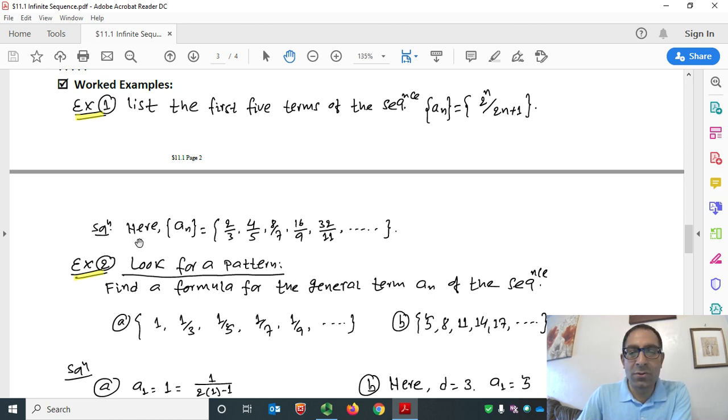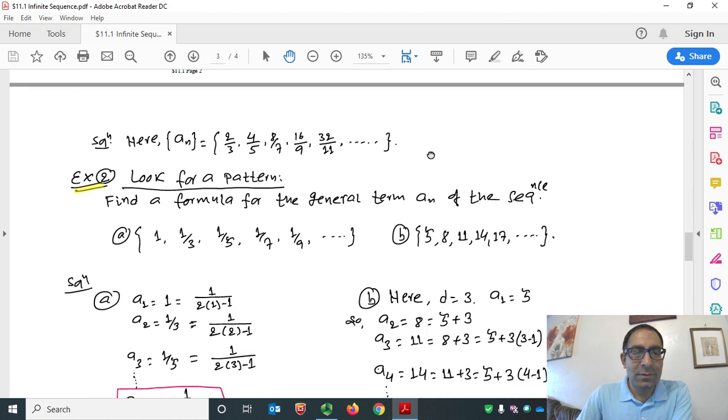Here our solution: put n equals 1, so 2 over 2 plus 1, which is 3, so 2 over 3. Similarly, the second term, put n equals 2, so 2 squared over 2 times 2 plus 1, so 4 over 5, and so on.